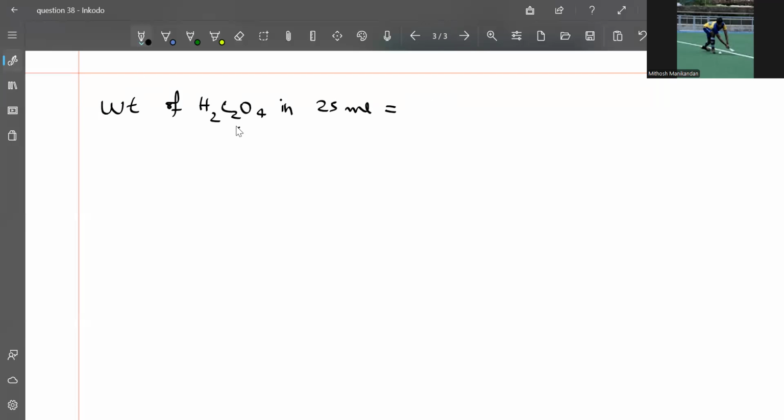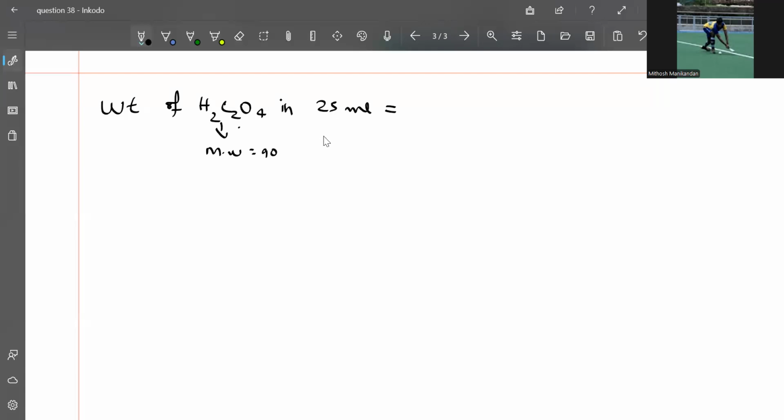We have 64 plus 24, you'll get 88 plus 2, so 90. The molecular weight is 90.